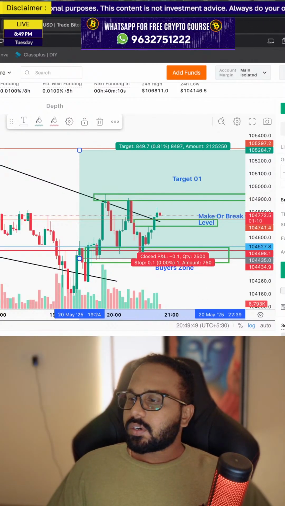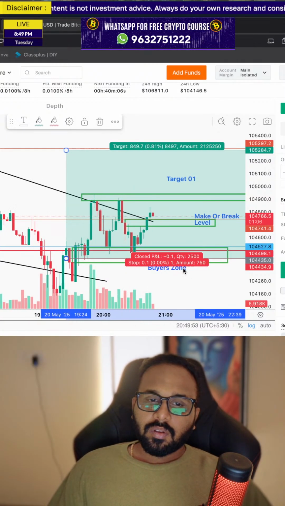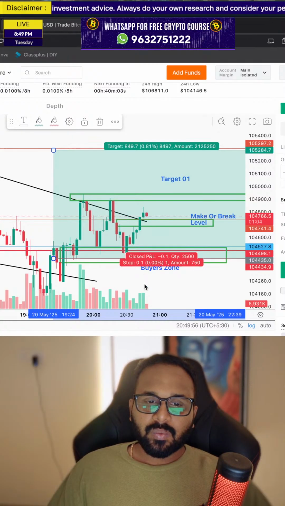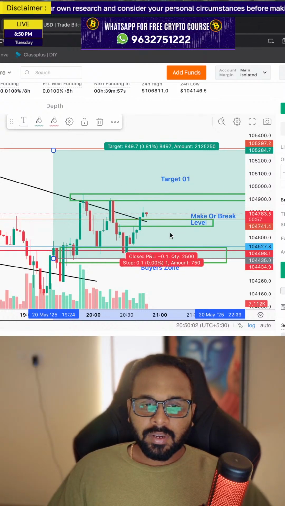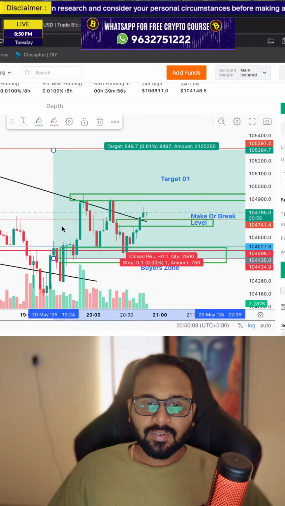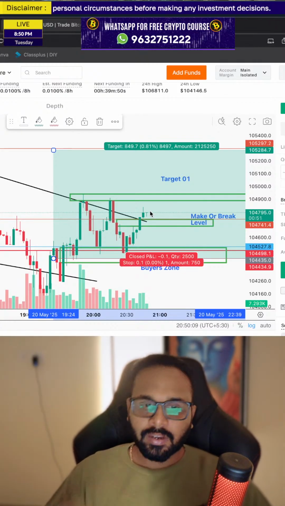Nothing promising, traders. We're just playing near the target one buying pressure zone and make or break levels. Whatever information we're getting within this data only, we are planning our entry and things like that.